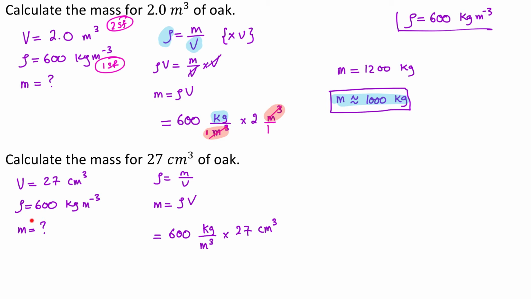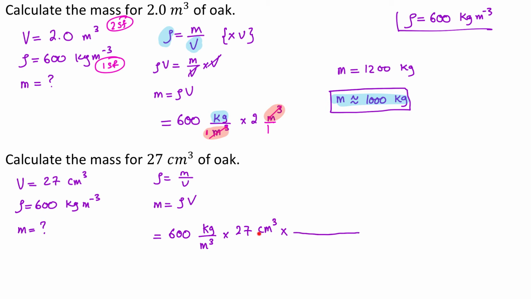My final answer is mass, and the mass does not require me to write any information about the volume, and therefore I need to find a way to remove the centimeter cubed and the meter cubed. How do I go about doing that? Well, this is what I have to do. I need to make a conversion, and within this conversion, I need to get rid of these two. Let's see if I can do it in one conversion, or if I need to do multiple ones.